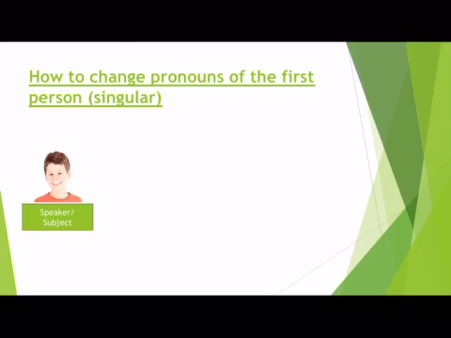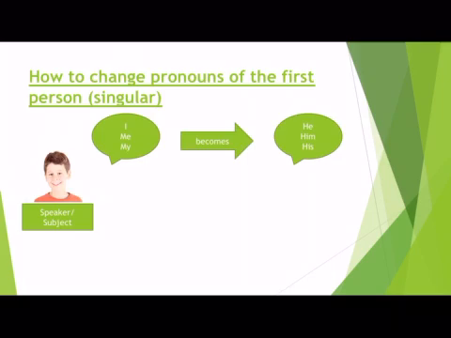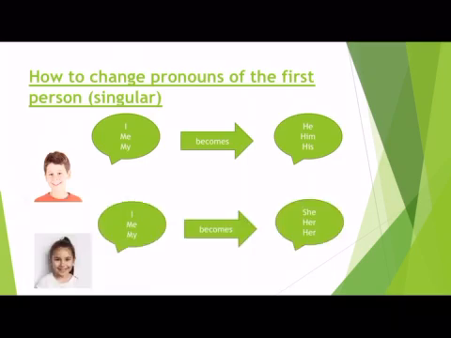If the speaker is a boy, then I becomes he, me becomes him, and my becomes his. Likewise, if the speaker is a girl, then I becomes she, me becomes her, and my becomes her.